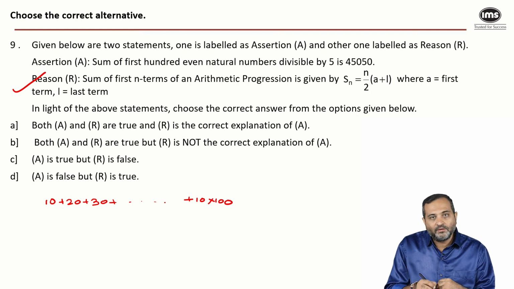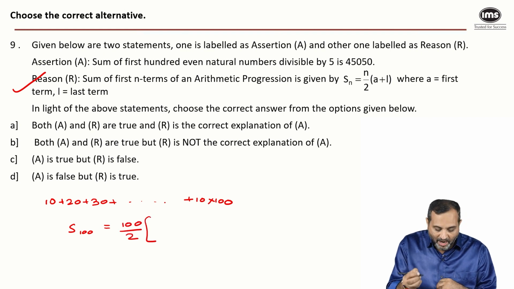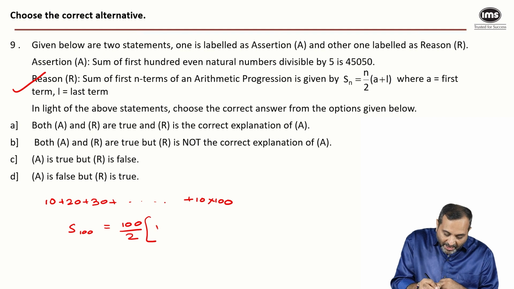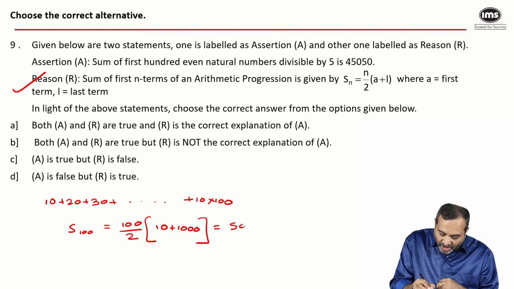Is this an AP? How do I find the sum? The number of terms is 100, so n by 2 is 100 by 2. We just saw the formula, n by 2 (a plus l). A is the first term and l is the last term, which is 1000. Can I say this is 50 into 1010?